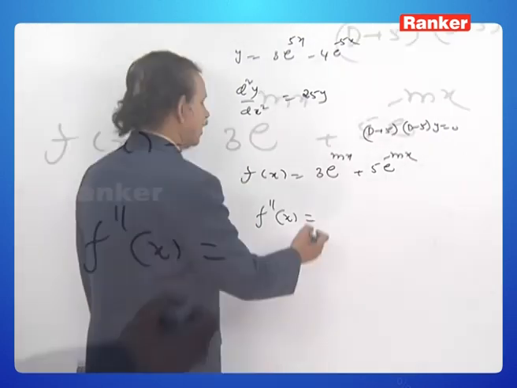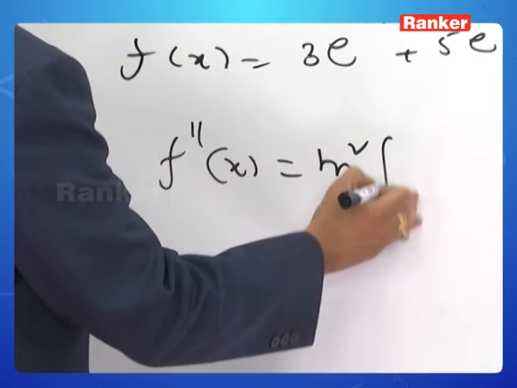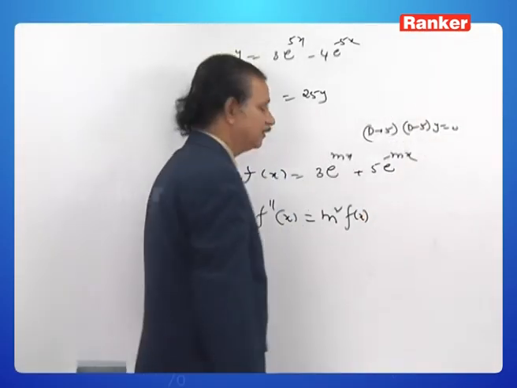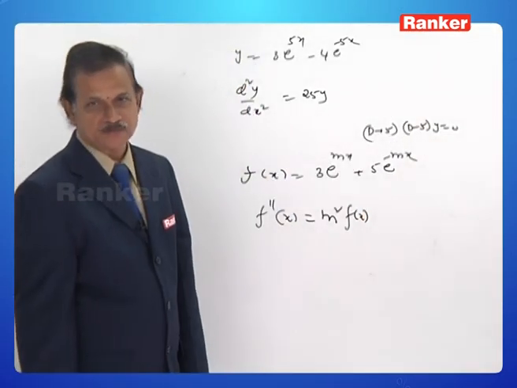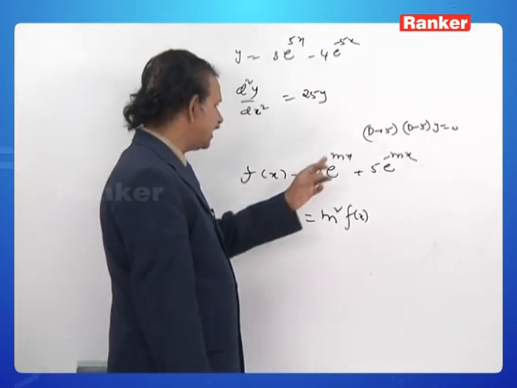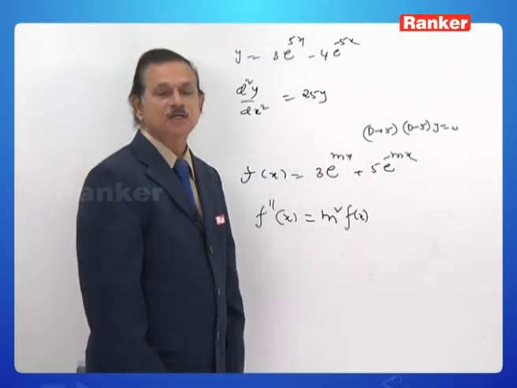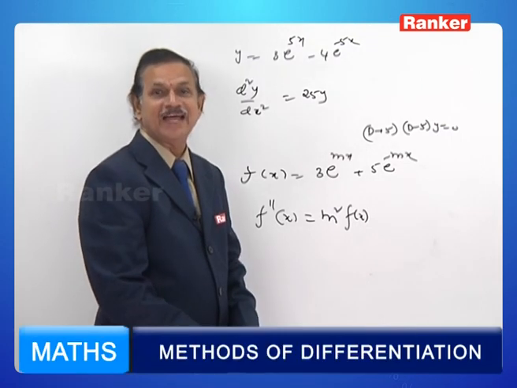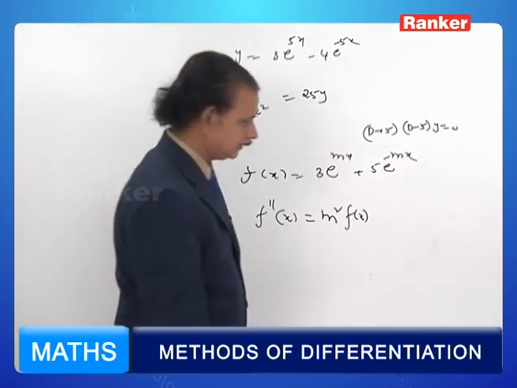That is m square into f of x. We have seen almost all in these examples, this alpha and beta are distinct. What happens when they coincide? Let us see.